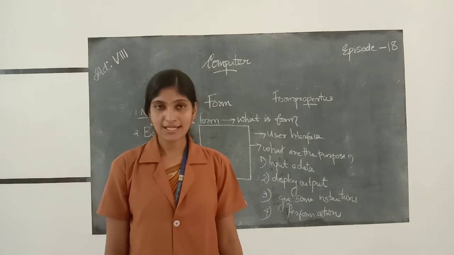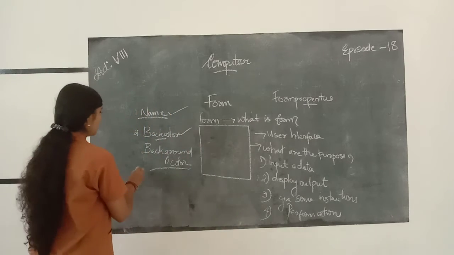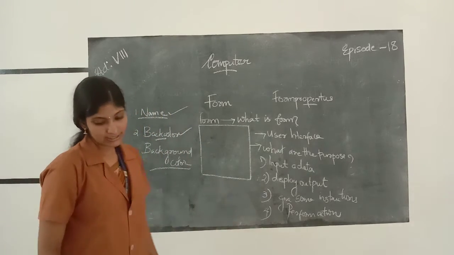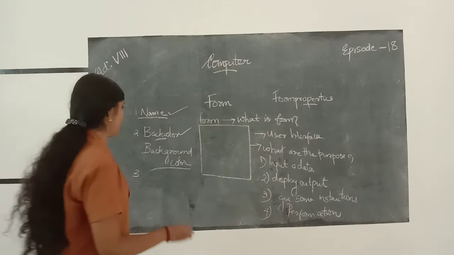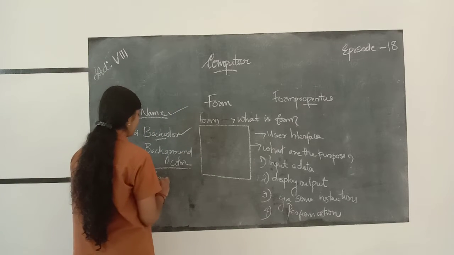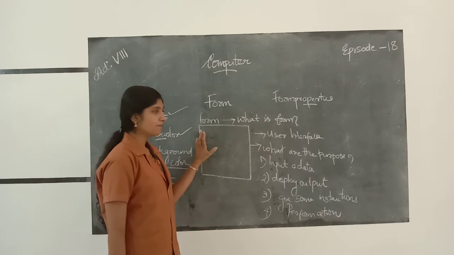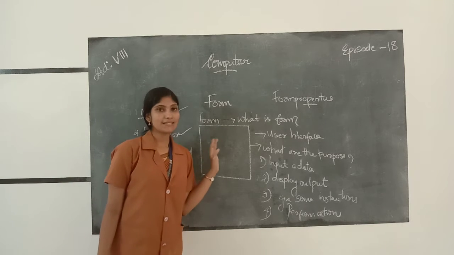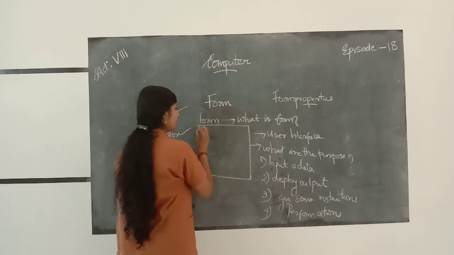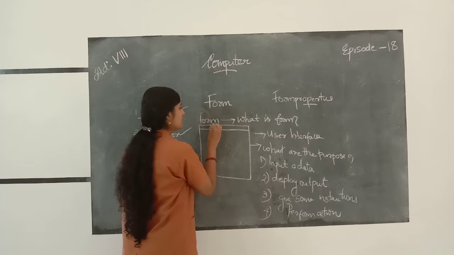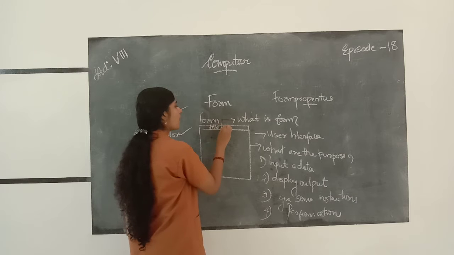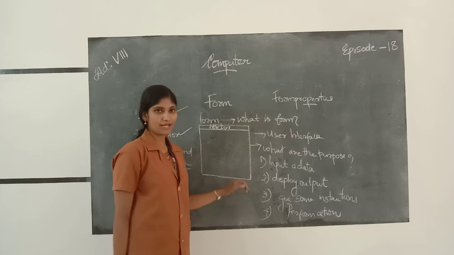Third one is text. Yes, text. So here this is a form, and there is a title bar. We know title bar is always situated at the top of that form.